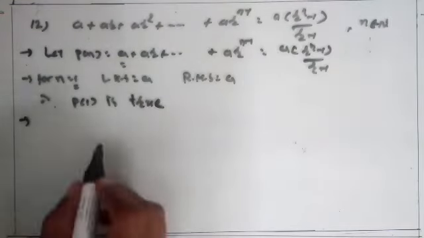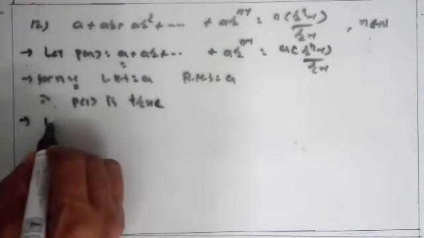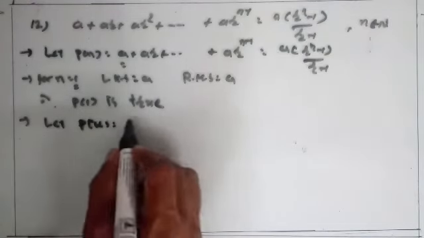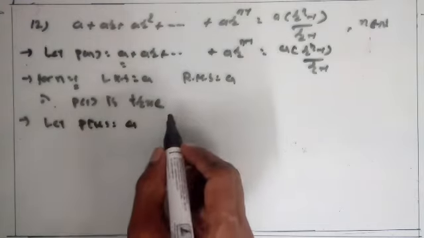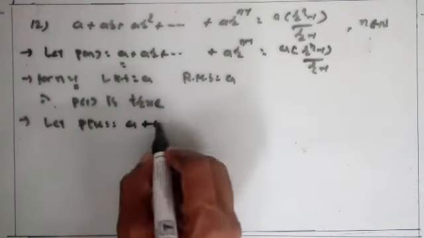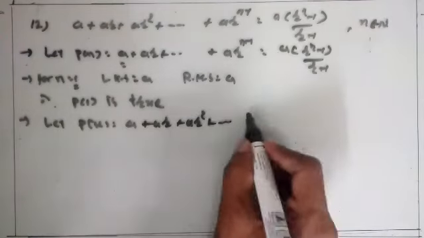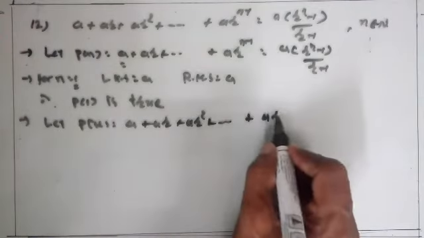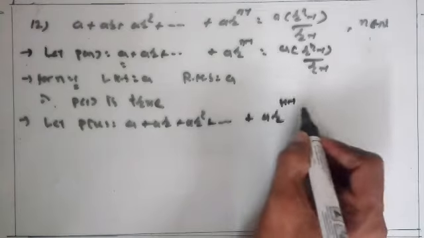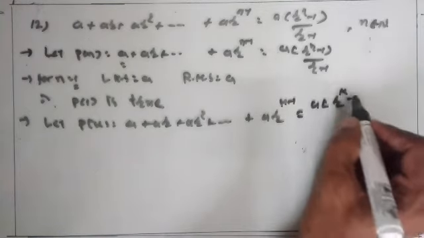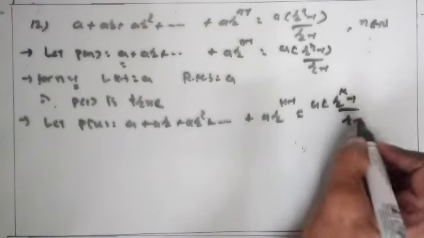Now, assume that Pk is true. Let Pk, replacing n by k, be a + ar + ar^2 + up to the last term ar^(k-1), is equal to a(r^k - 1) upon r - 1.